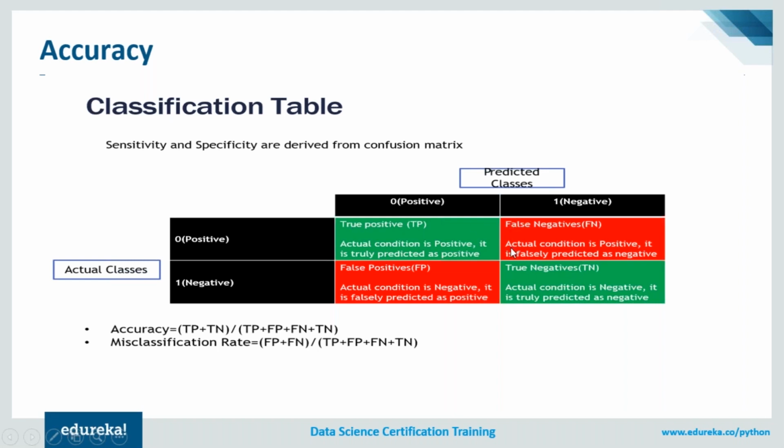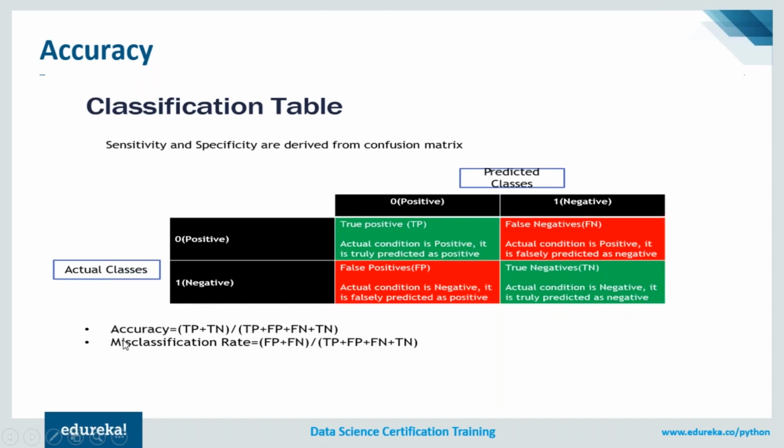When the actual condition is positive and the model predicts negative, then it is false negative, which is FN. If the actual condition is negative and it is falsely predicted as positive, then it is FP, false positive. If the actual condition is negative and it is truly predicted as negative, then this is true negative.